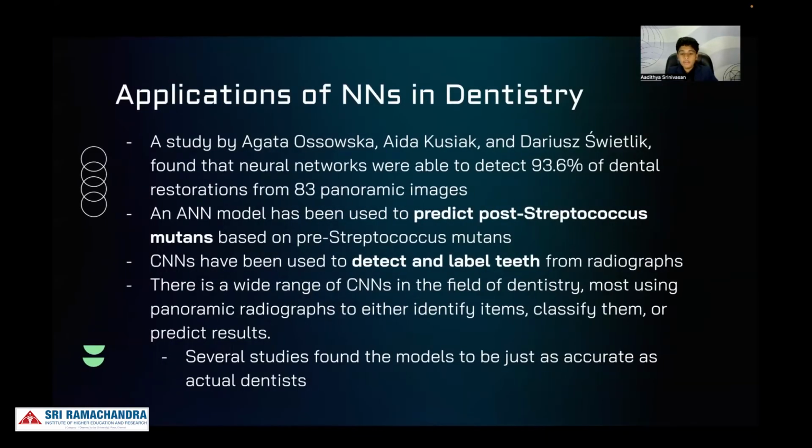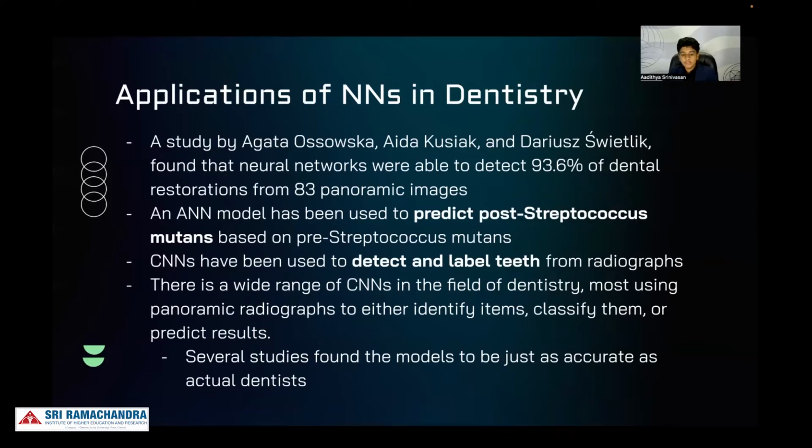Next, let's look at the applications of neural networks in dentistry. A study by Agata Osovska et al. found that neural networks were able to detect 93.6% of dental restorations from 83 panoramic images. Additionally, an ANN, artificial neural network model, has been used to predict post-streptococcus mutants based on pre-streptococcus mutants.